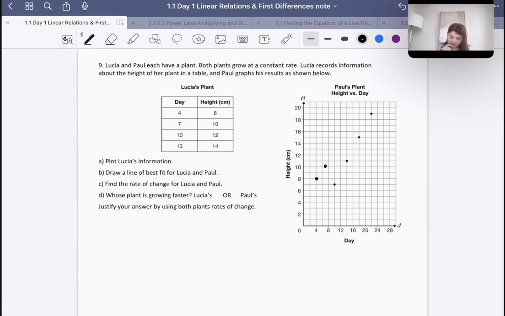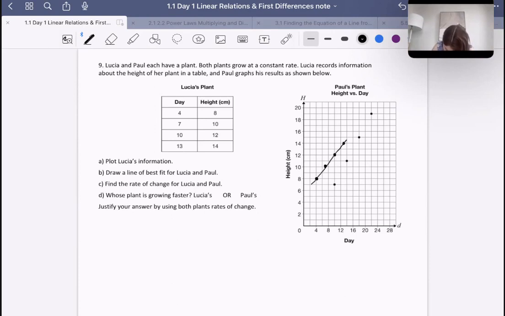And then, oh, I see, because this is Paul's plant. So now we're doing Lucia's plant, and we're going to compare the two. Okay. And then after 10 days, it's 12 centimeters. Okay. And then after 13 days, it's 14 centimeters. Okay.